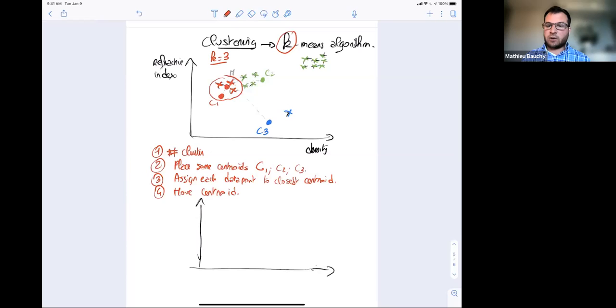That's going to be their new centroid. The centroid is the geometrical average of all of those data points. So you calculate the new geometrical average of all the red points. Now this centroid has moved from here to here, because you reassigned the new centroid of this group of red data points.